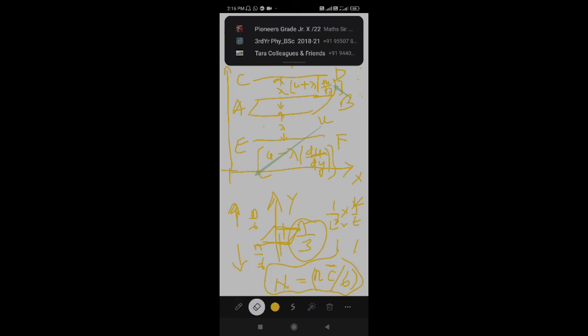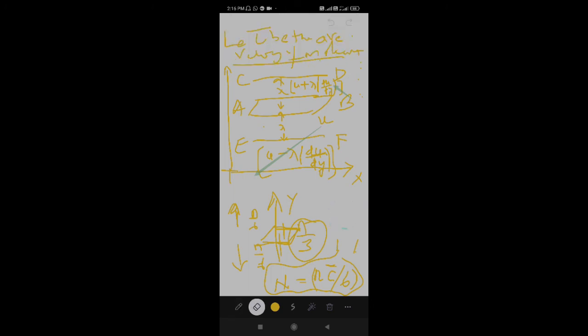Such dimensional analysis gives n is equal to n c bar by 6. You remember this: it is the number of molecules either moving up or down through the unit surface area per unit time.